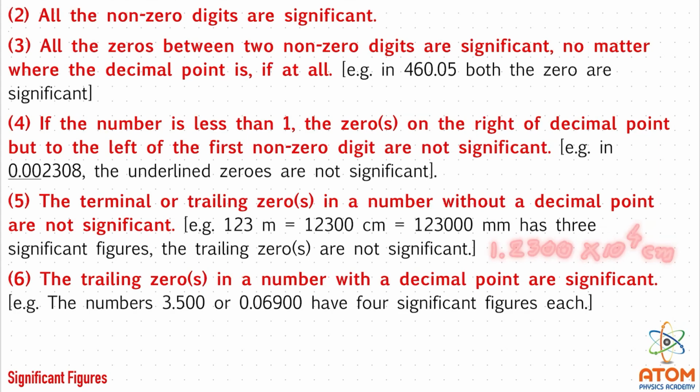But this is not the right thing here, because if 123 meter is written in centimeter, then you would obviously prefer to write it like 1.23 into 10 raised to 4 centimeter. You will prefer to write this way only.